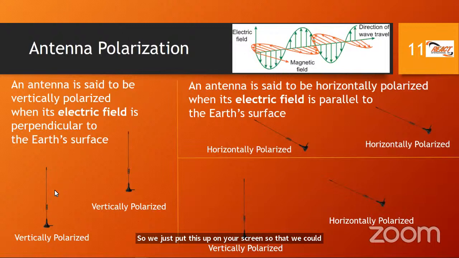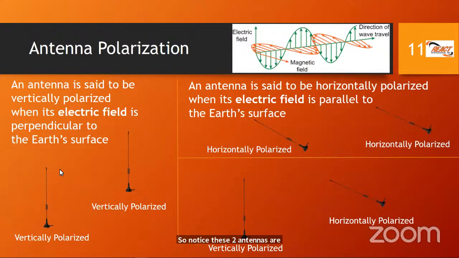Because when we define a radio wave or an antenna and say it's vertically polarized, we need to bear this model in mind, that there's an electric field and a magnetic field associated with our radio wave or with our electromagnetic wave or electromagnetic frequency. So notice these two antennas are oriented top down or vertically. They're vertically polarized.